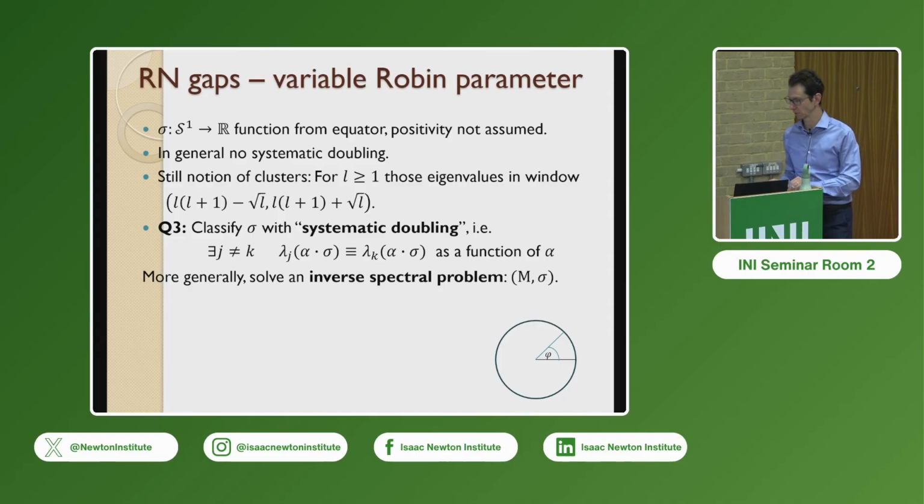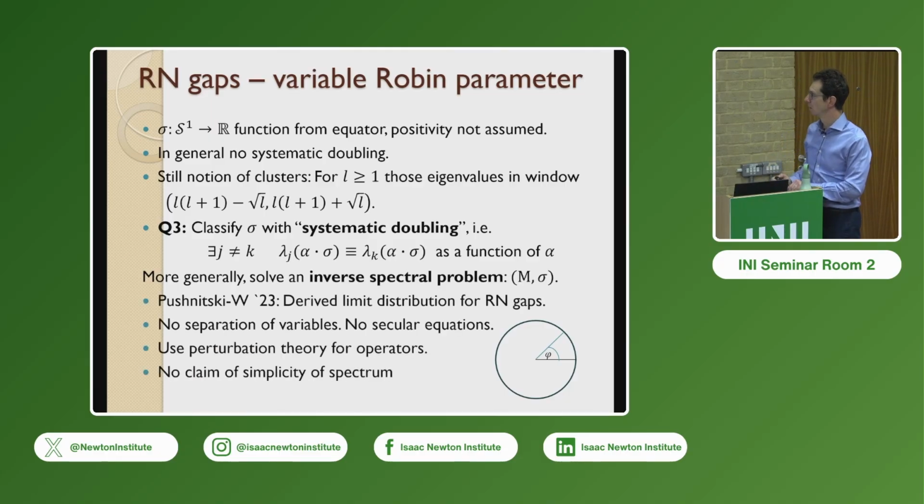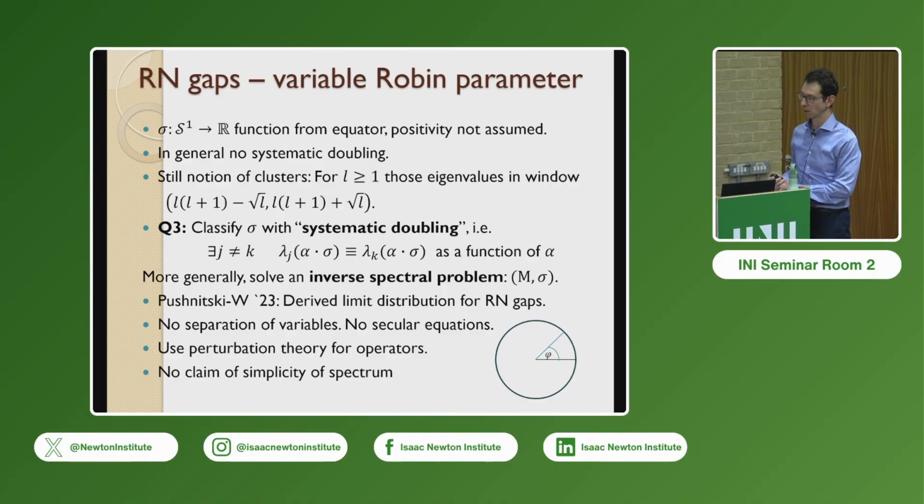I think it's a nice, but probably very difficult inverse spectral problem. With Alexander, we derived a limit distribution that I'm going to define next. There's no separation of variables, no circular equation. We use perturbation theory for operators, and there is no simplicity of spectrum any longer.